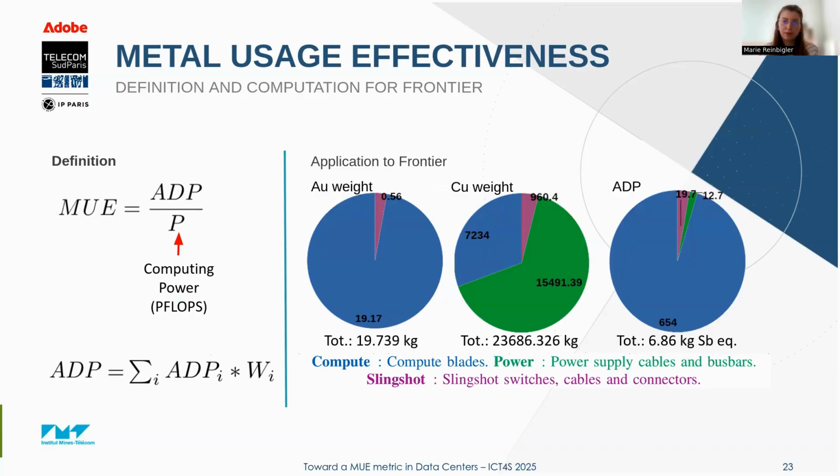Then we have that the copper weight comes mainly from the power, which is due to the fact that the cables are quite long with a quite high cross-section. And finally, the ADP comes mainly from the compute again, because the ADP from the gold is way higher than the one from the copper.